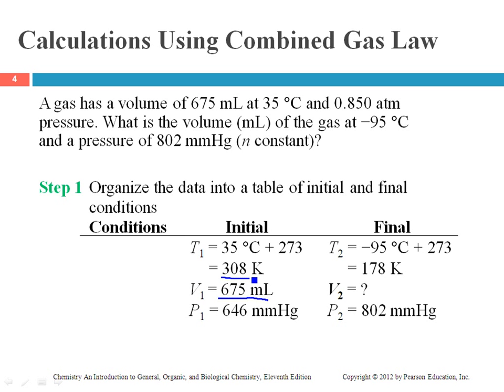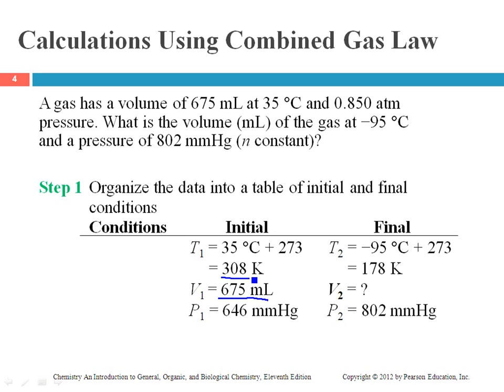And we want to know what the volume of the gas is at negative 95 degrees C and a pressure of 802.